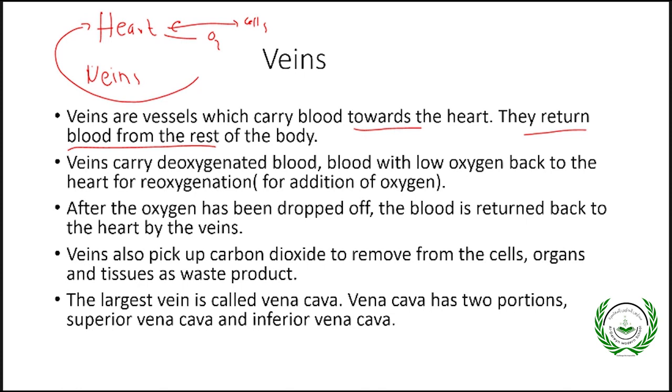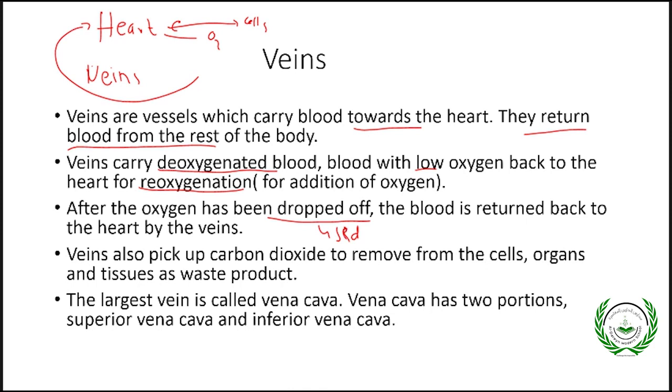We said that arteries carry oxygenated blood with oxygen, but veins carry deoxygenated blood without oxygen, which could be low or totally without oxygen, for reoxygenation, meaning addition of oxygen. When the blood is returned from the body parts, from the cells, it returns to the heart, and the heart pumps the blood through the pulmonary artery to the lungs.